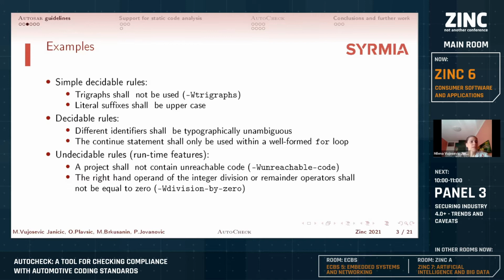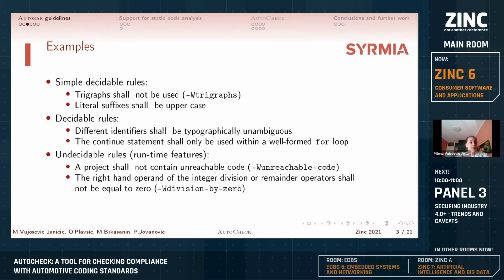Within these rules, some are simple and decidable, like the first one, triggers shall not be used. Then we have some decidable rules that are not so simple, like the continue statement shall only be used within a well-formed for loop.